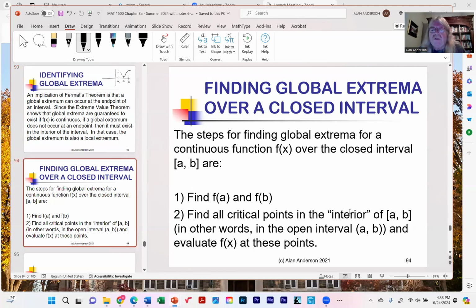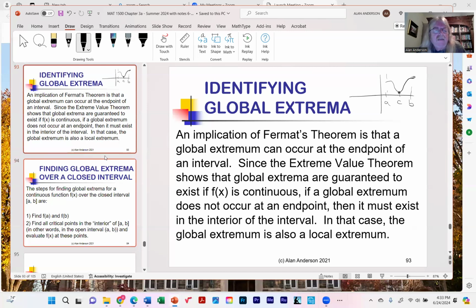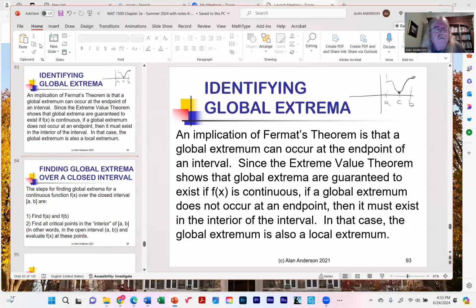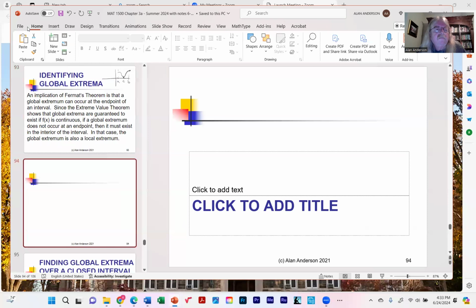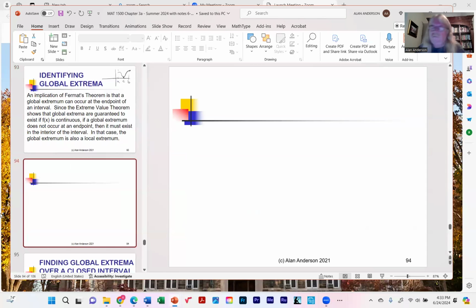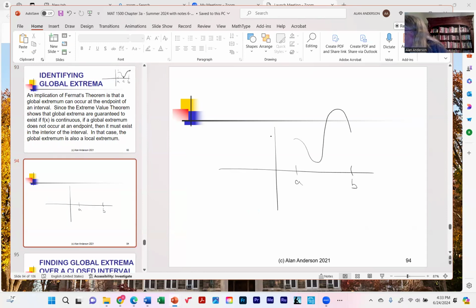Let's see if I can draw another one. Okay, so obviously this is defined as the global minimum, and this is the global max for this function over this interval.